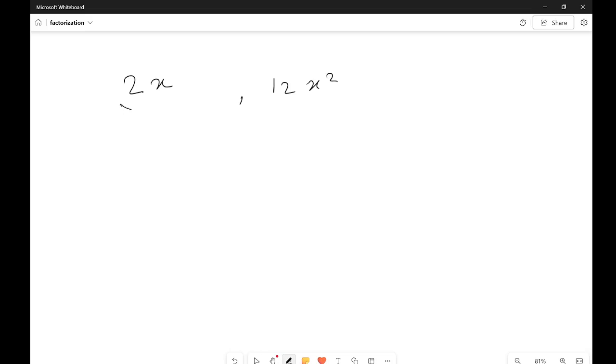Since these two expressions both have a constant and a variable, basically 2 is a constant, x is a variable, and 12 is a constant, and x square is a variable. So we will calculate the greatest common factor, or in normal language most of the time we simply say common. What's common between 2 and 12? It's 2, right? And what's common between x and x square? It's x.